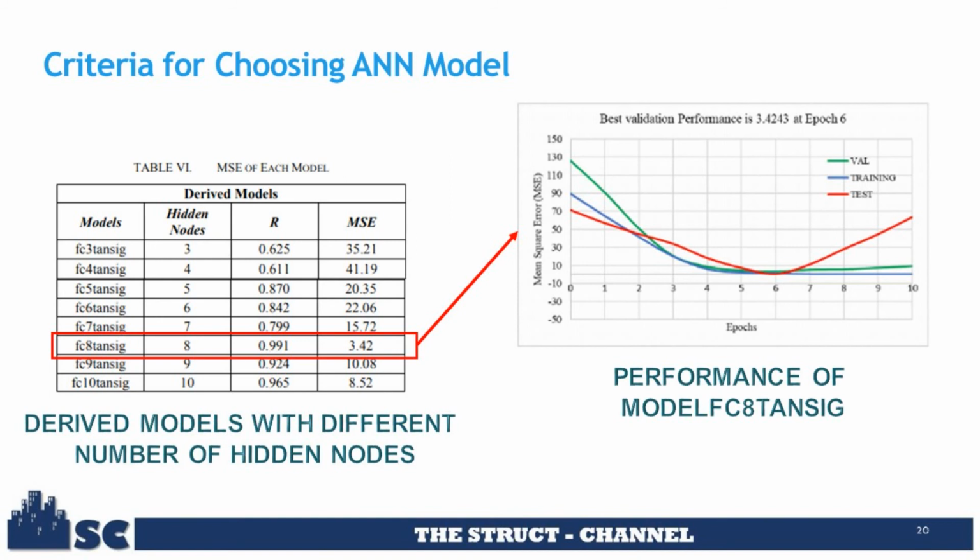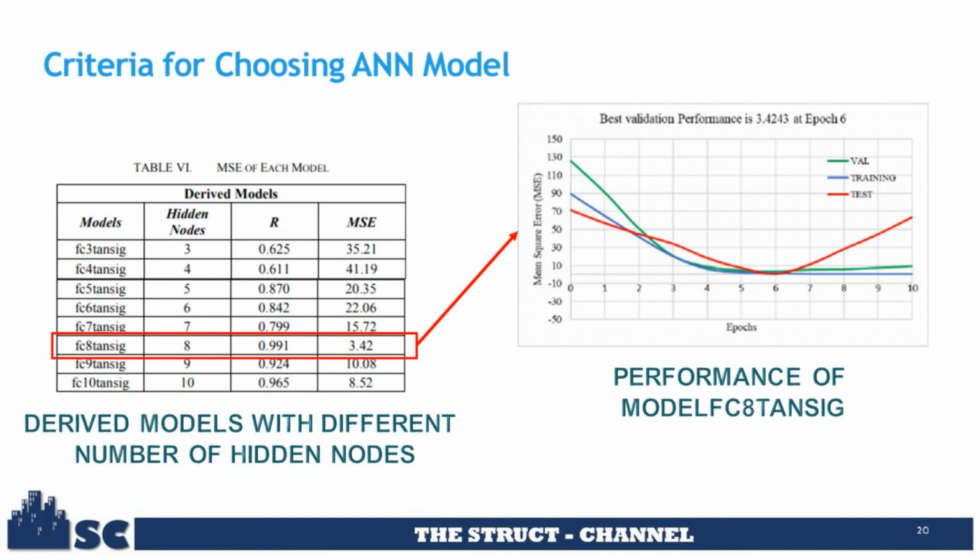The scoring was 50% for the value of R and 50% for the mean square error. Model FC8 tansig yields the best regression, which is 0.991, and the lowest mean square error of 3.42.